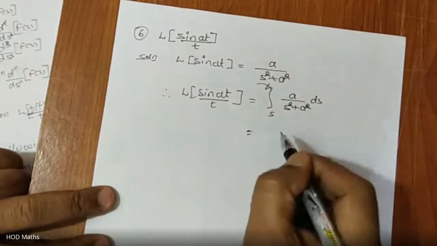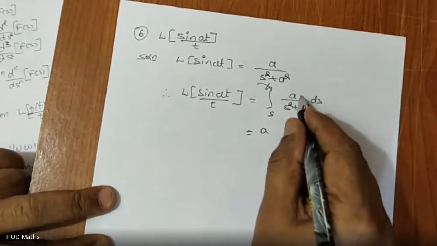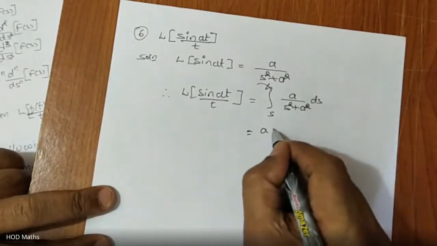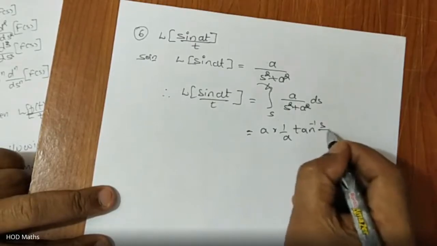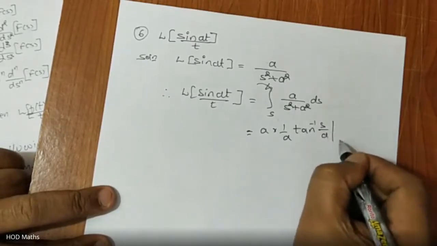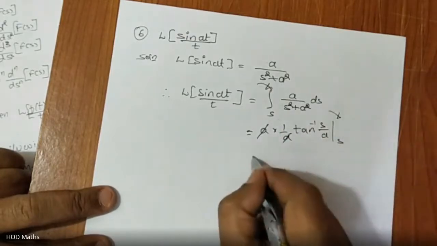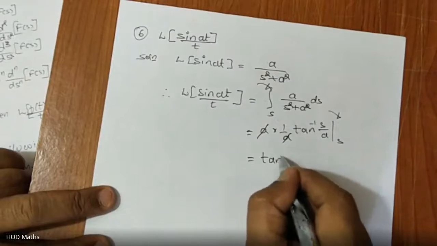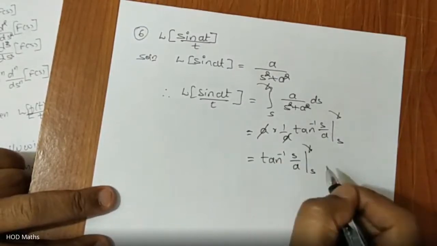So what is A over S squared plus A squared ds? This will be equal to A times the integration from S to infinity of ds over S squared plus A squared, which is 1 by A tan inverse S by A from S to infinity. So this A cancels. So this will be tan inverse S by A from S to infinity.